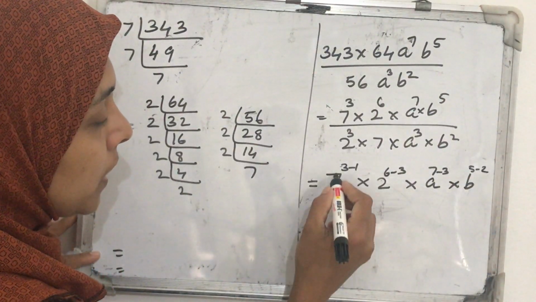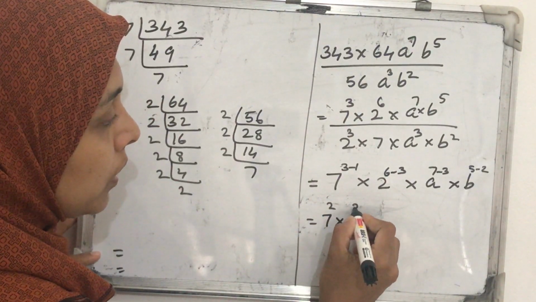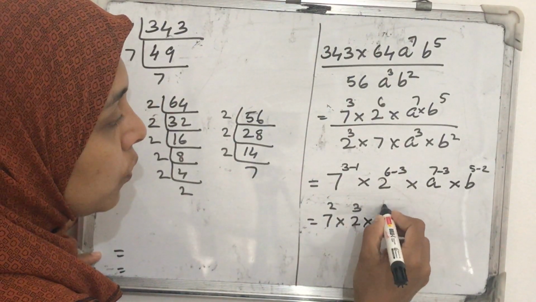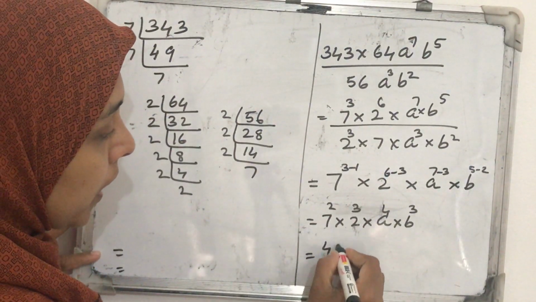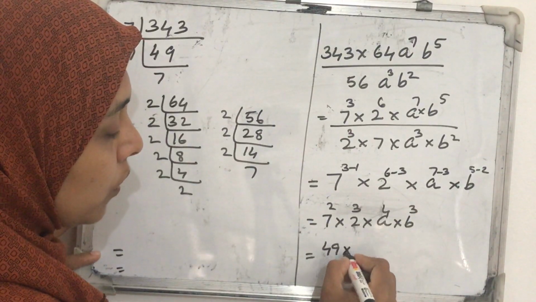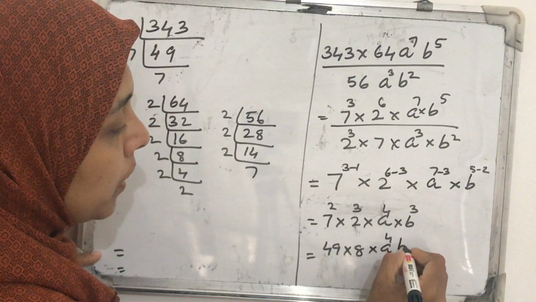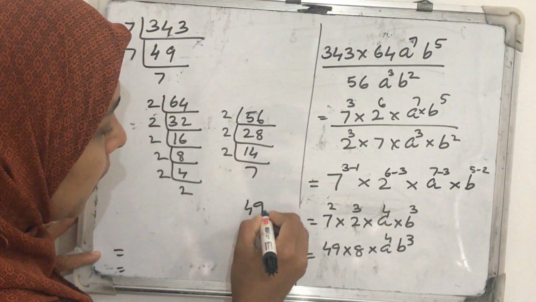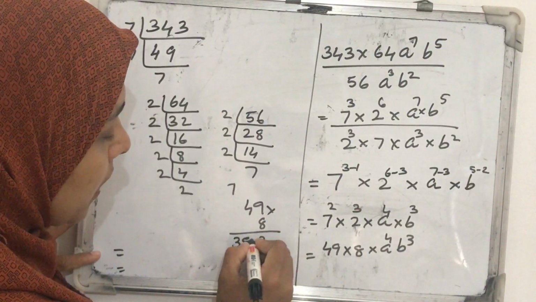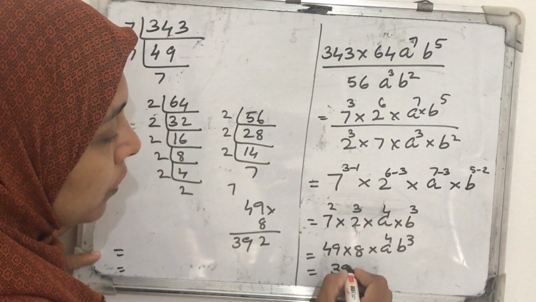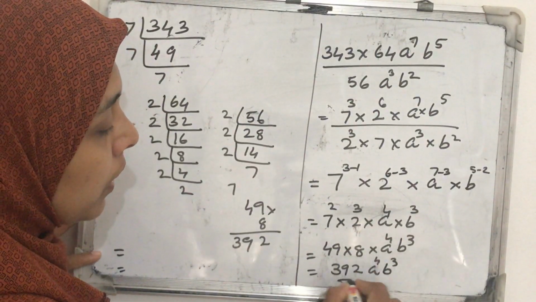Okay, so it will be 7 square into 2 raised to 3, a raised to 4 into b cube. 7 square is 49, 49 into 8 into a raised to 4 b cube. We can multiply 49 into 8, 392. So the answer is 392 a raised to 4 b cube.